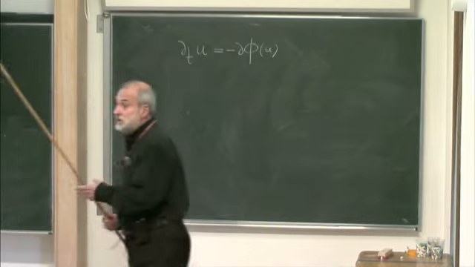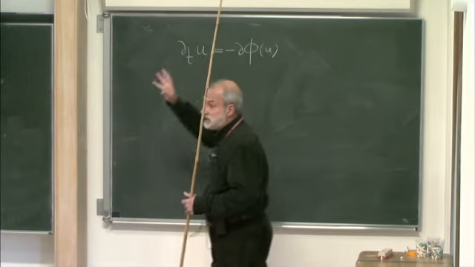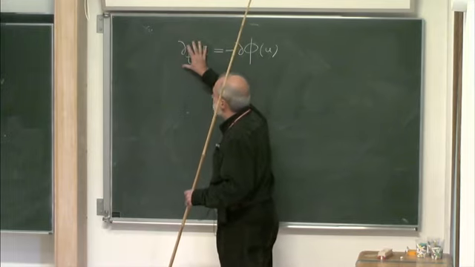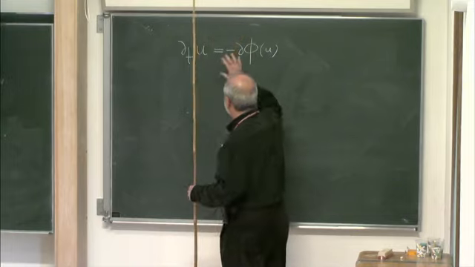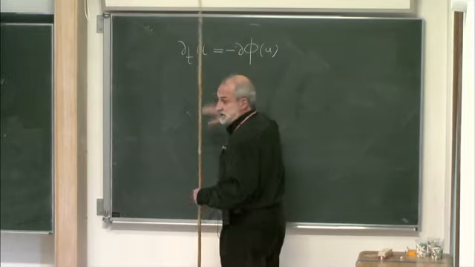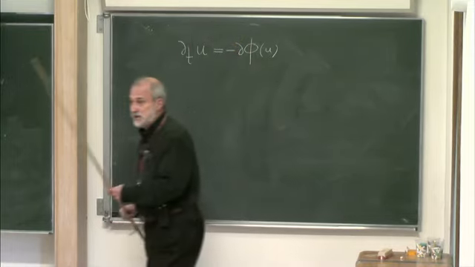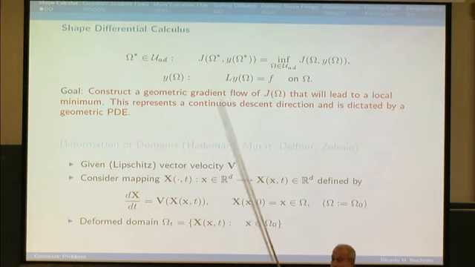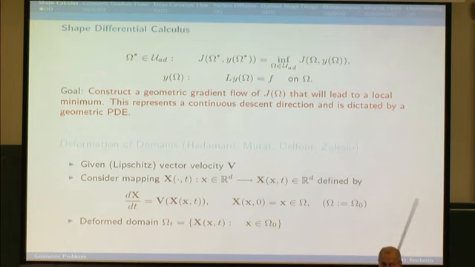So in order to introduce similar ideas in this geometric context, I had to explain what this means. What is this object that I'm going to be dealing with? The object is this capital J, and we need to talk about the differentiability of it with respect to the shape. That's why the name shape calculus.